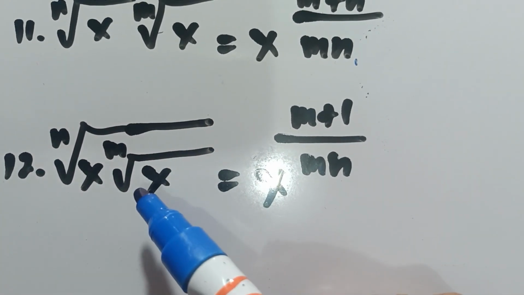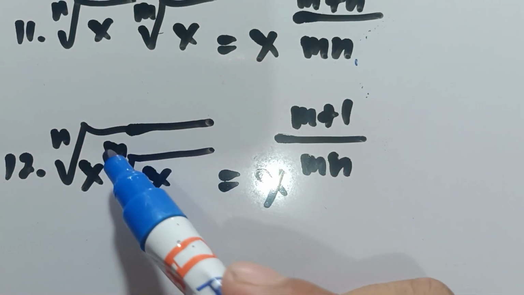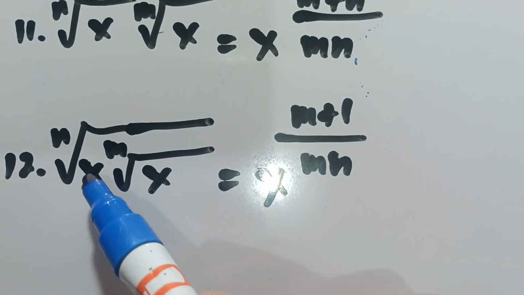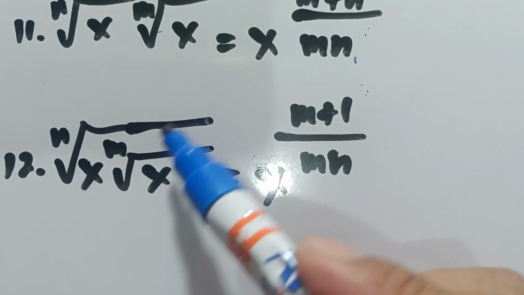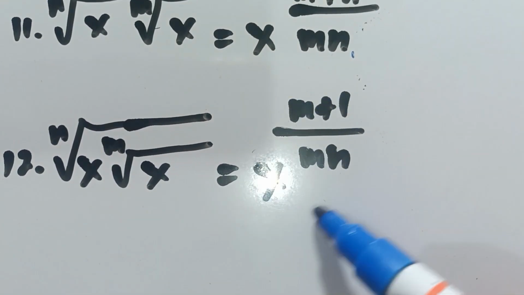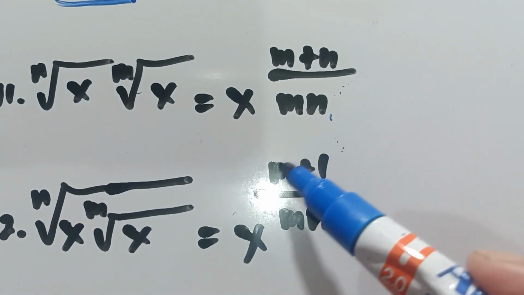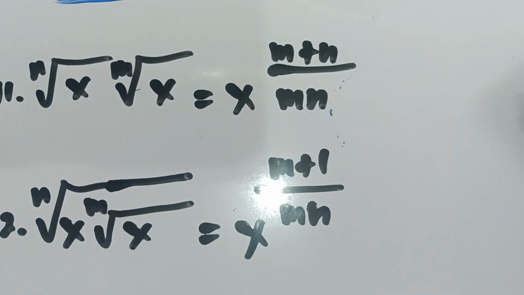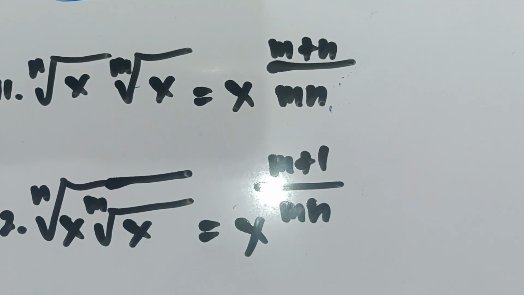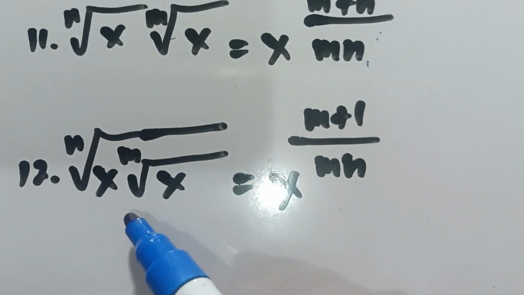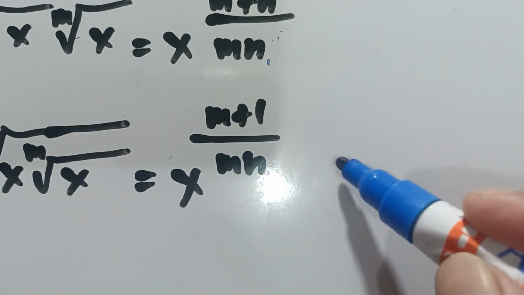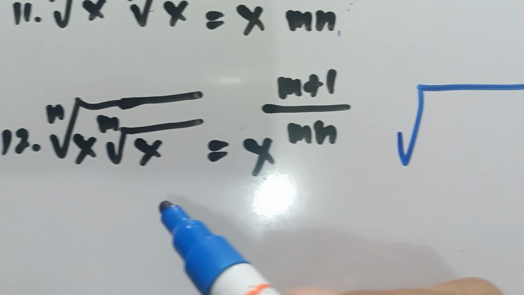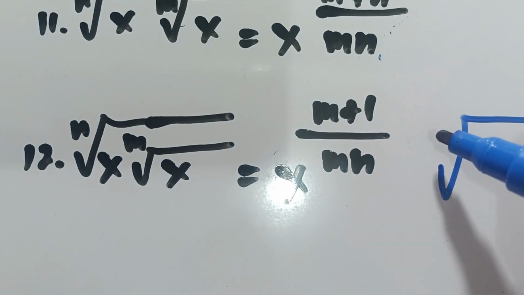So number 12: x to the power 1 over m, times x to the power 1 over n, but this is inside of this x. How does this formula come out? We will verify if this is correct or not. We focus on this one, and simplify the inside part first.